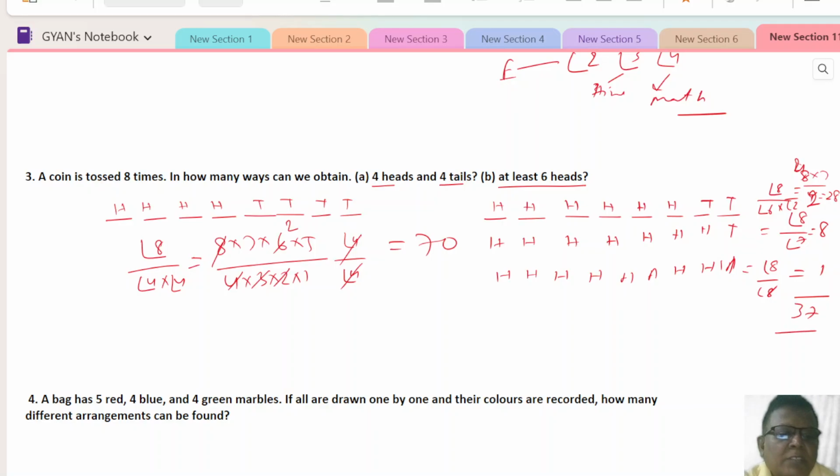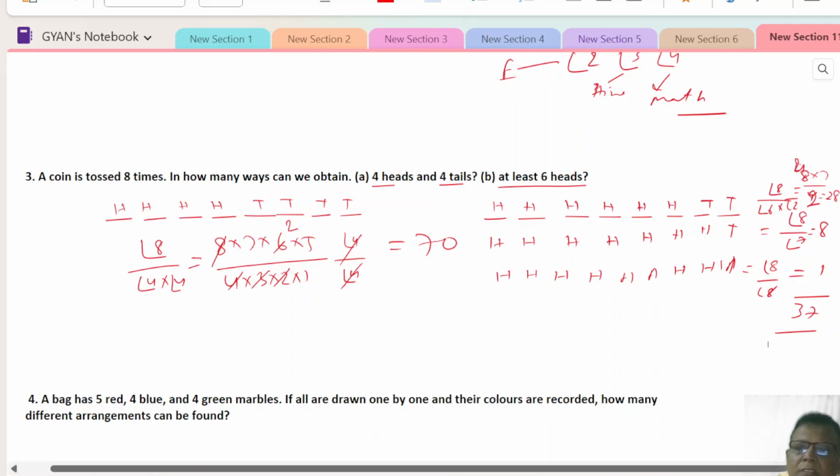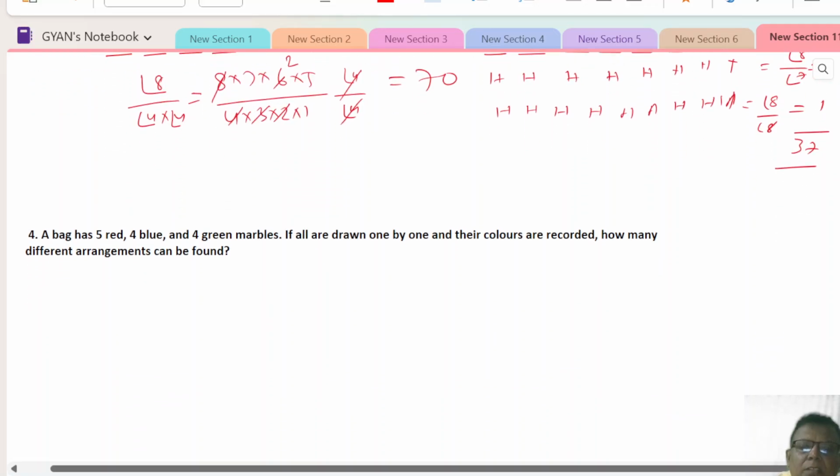Now come to the next question. A bag has 5 red, 4 blue, and 4 green balls, taken out one by one and arranged. How many different arrangements can be found?